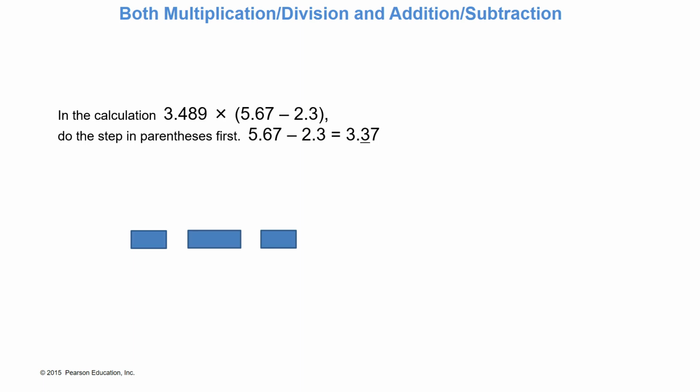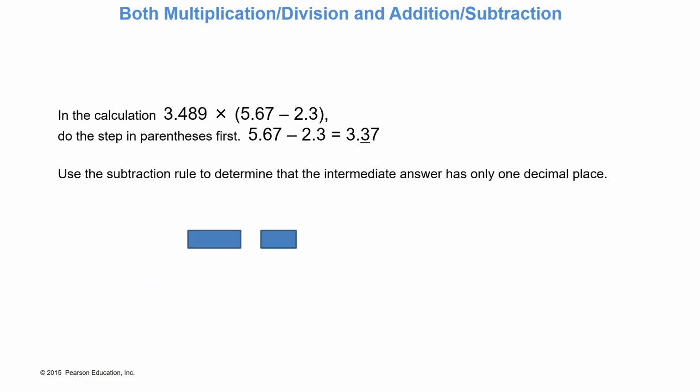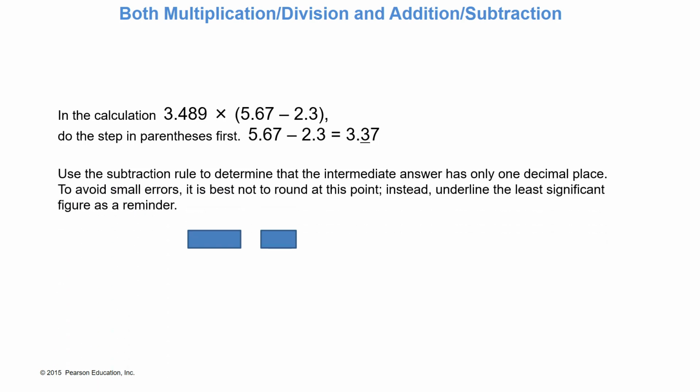All right. So moving on to the next step, we'll use the subtraction rule to determine what the intermediate answer is, and that the intermediate answer only has one decimal place. All right. So we end up with this number now, or this expression.